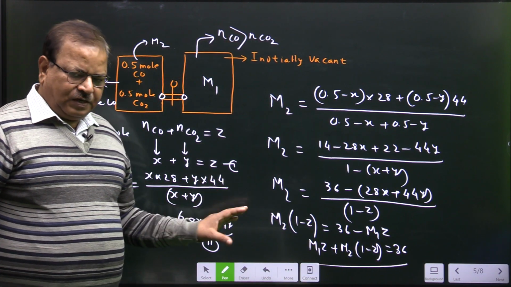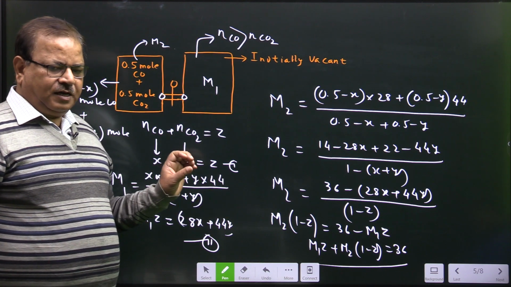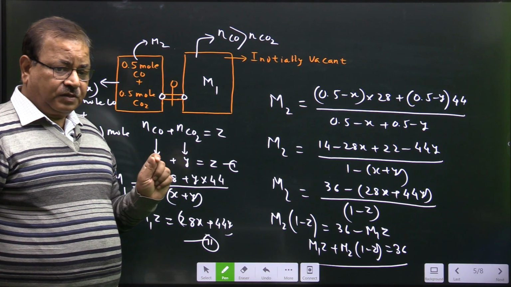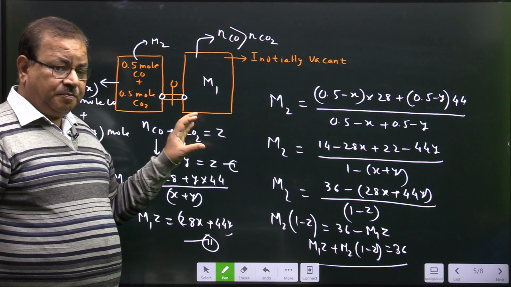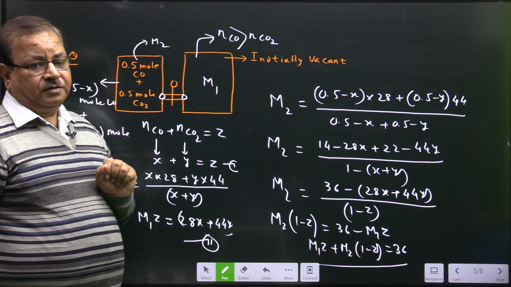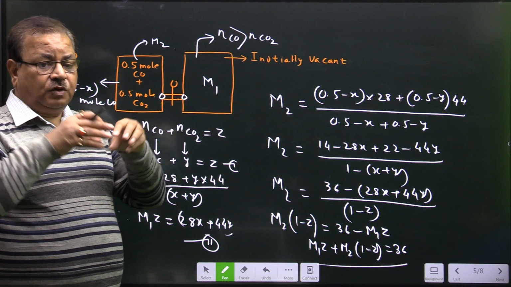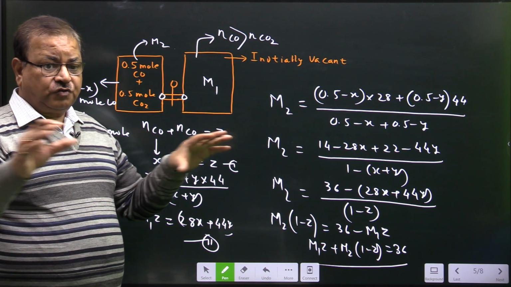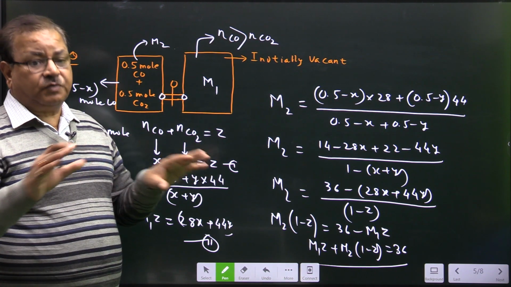It is my experience कि एक्चुअली जब भी हम question देते हैं, the student will fill in solving the case of molar mass of the mixture. मोलर मास में मिक्सचर में दोनों मोल्स हैं और CO and CO2 are non reactive, they are not going to react together.